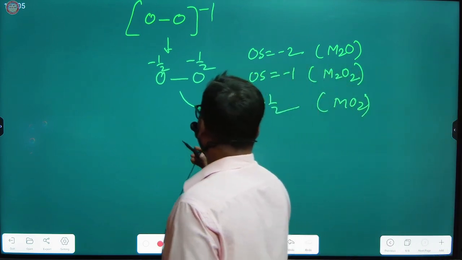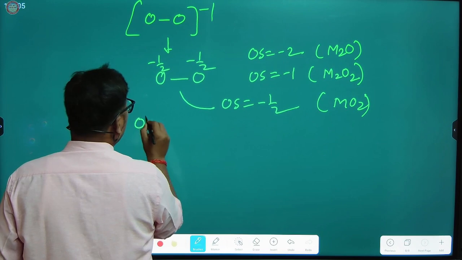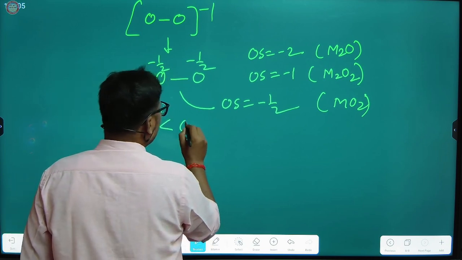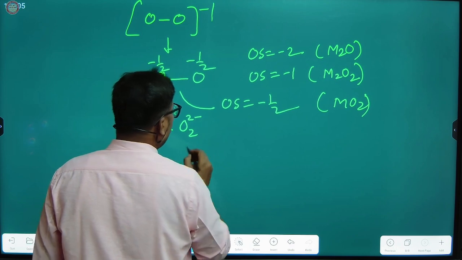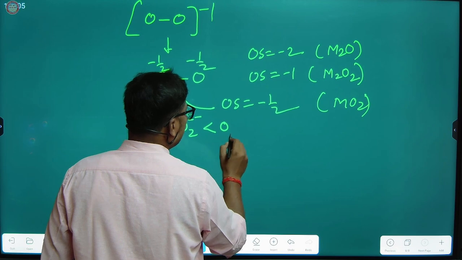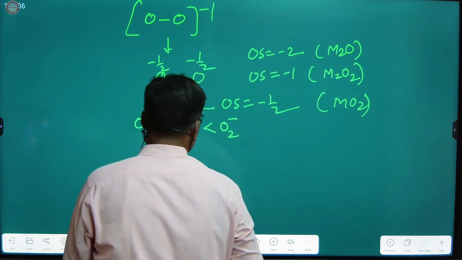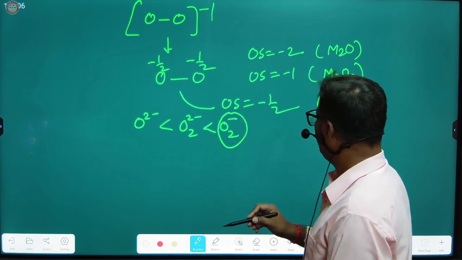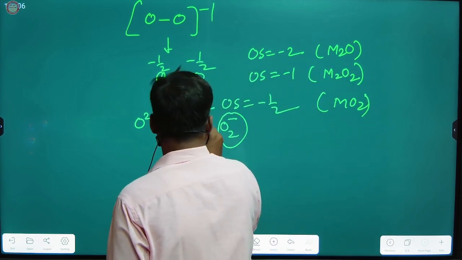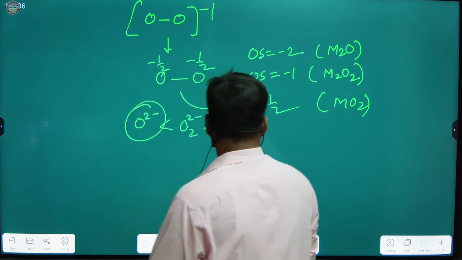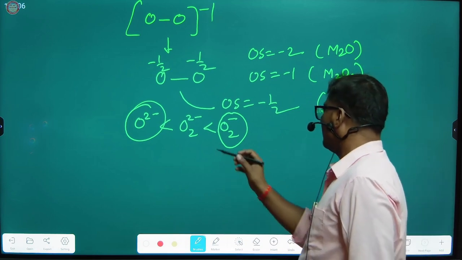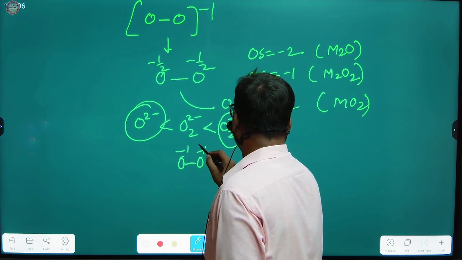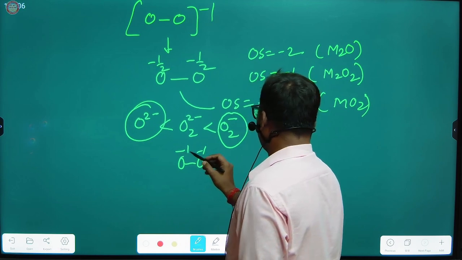The superoxide anion is largest in size in comparison to the peroxide anions. In peroxide, the oxygens with minus 1 charge undergo repulsion.